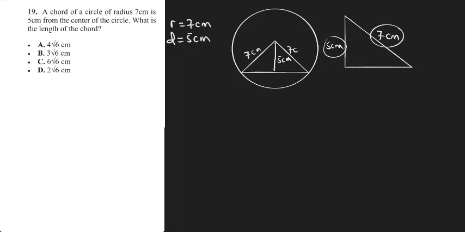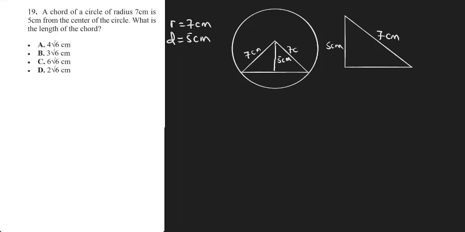With this now, you can get this side. Remember that this side here is half of the chord. After getting it, we're going to multiply it by 2 so that we can get the total length of the chord.